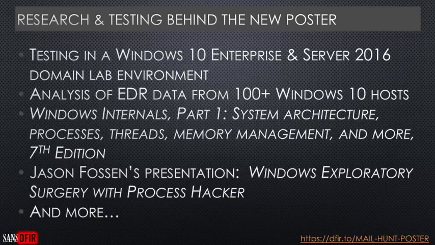And so what we did is a few things here to try to capture what's changed with the latest operating systems. We set up a small test domain with Windows 10 Enterprise. So the process listing you'll see in a moment is from the Windows 10 Enterprise version of the operating system. We actually had a domain connected with a 2016 server.